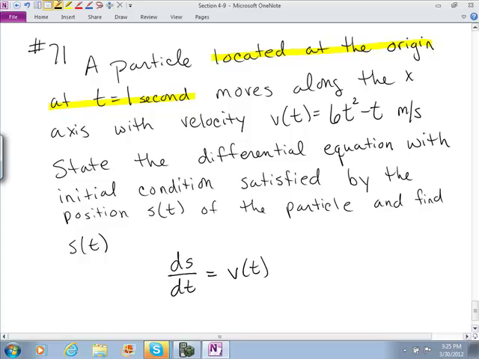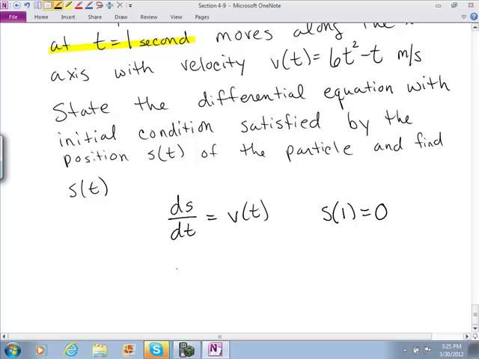So that means that the position function s at 1 second is going to be equal to the origin, so it's equal to 0. All right, so this is my initial condition. This is my differential equation. And I know what v of t is because they told me it was 6t squared minus t.